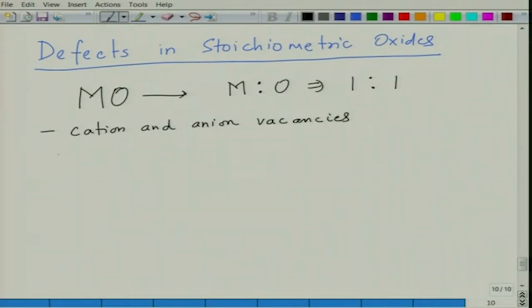You can also form cation/anion vacancies and corresponding interstitials.